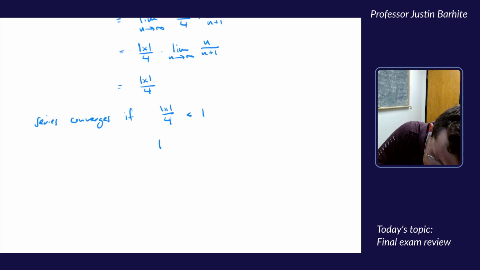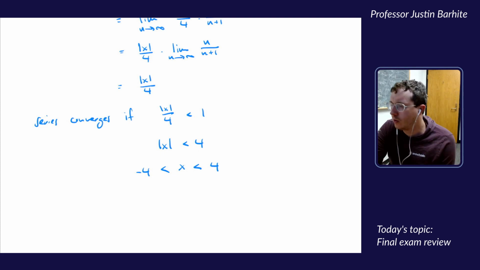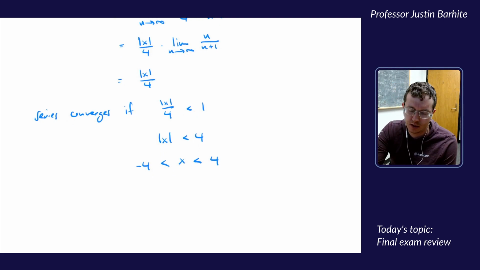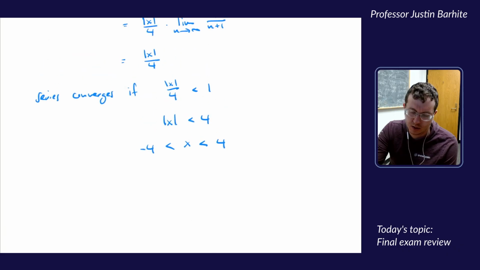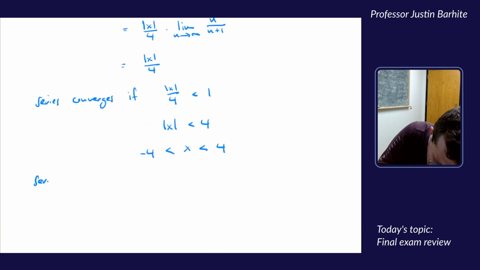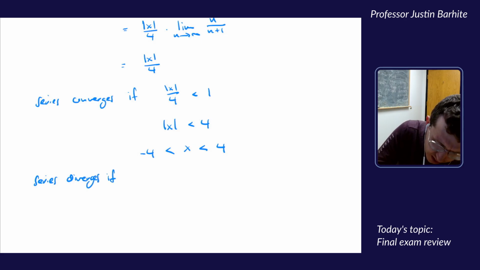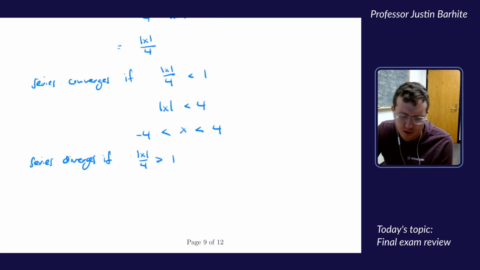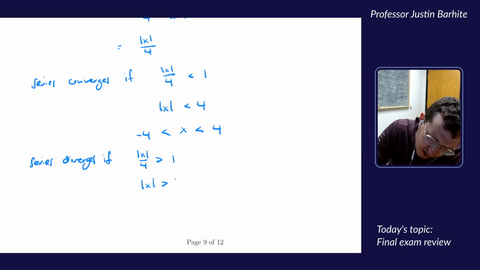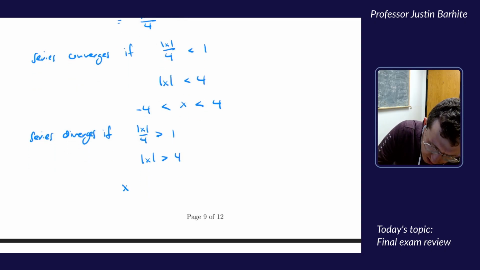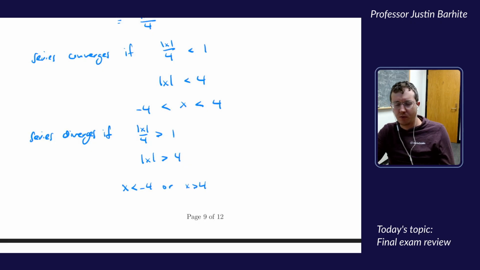That's the same thing as the absolute value of x being less than 4, which is the same thing as x being between -4 and 4. The series diverges if the limit is greater than 1, which happens if x is less than -4 or x is greater than 4.